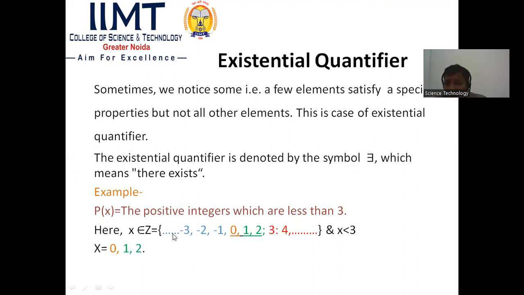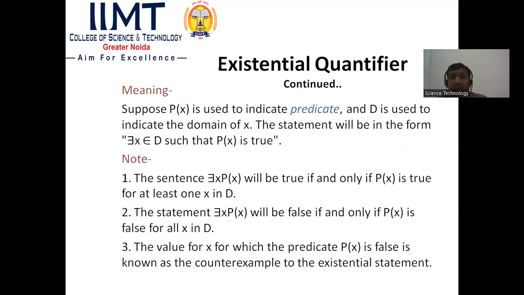So every element of set Z is not satisfying the property P(x), but some elements, that are 0, 1 and 2, are satisfying this property. So it is a case of existential quantifiers.